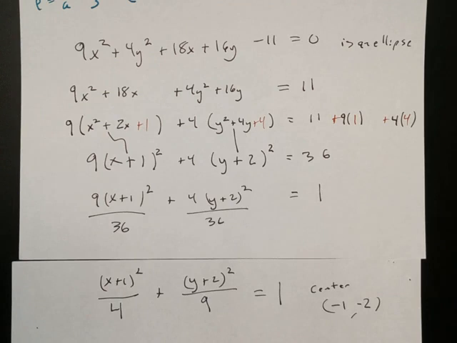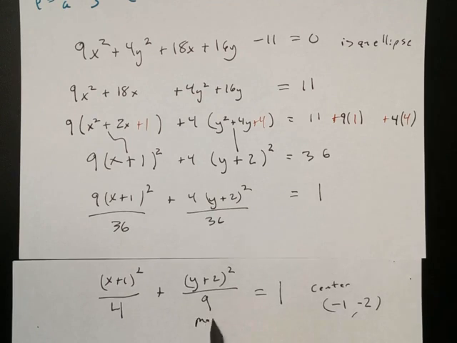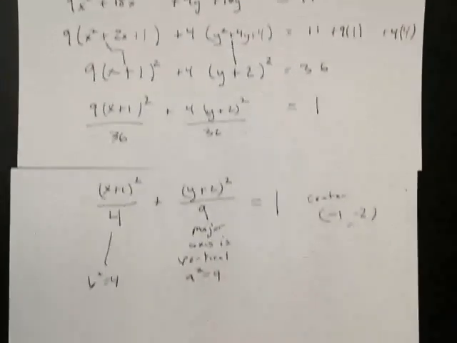Does this one go up, down, or does it go left, right? The bigger number is under y, so it goes up, down. That means that a squared is 9, and b squared is 4.